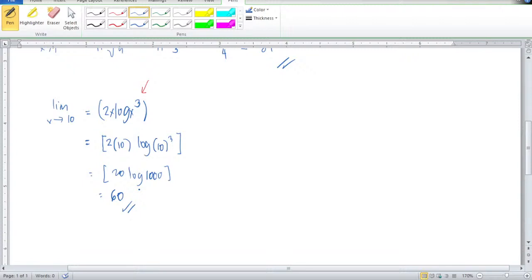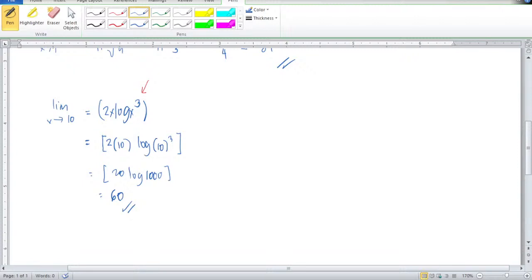So kindly screenshot the examples, class. Again, that is how we can evaluate limits, by simply putting in the value of your x in the equation or in the function for you to evaluate the limit. Very easy, class, right?